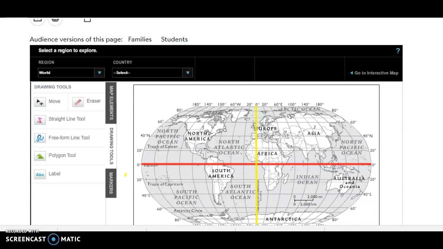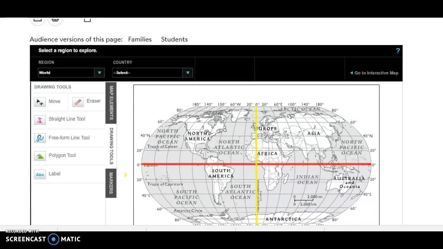You'll see that the main central longitude line is also marked with a 0. It has a special name because it's the main line of longitude, and that's called the prime meridian.